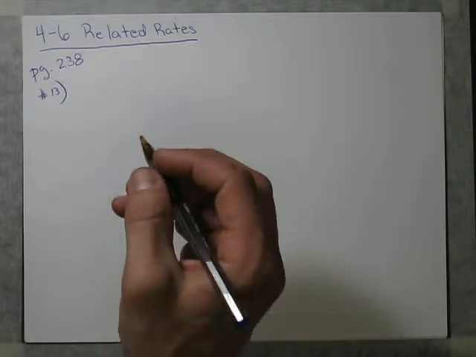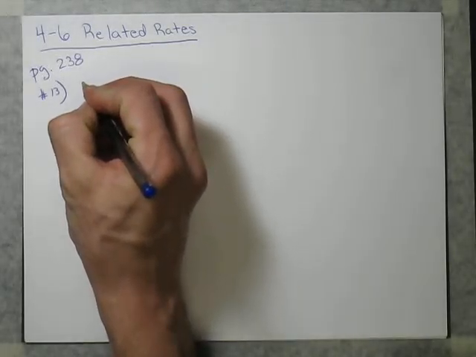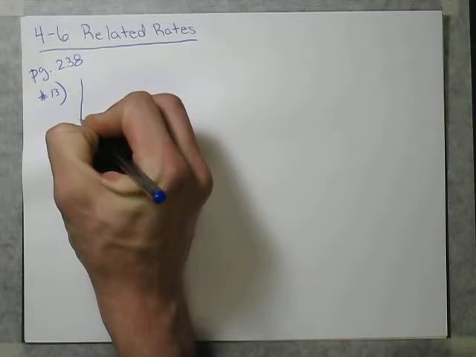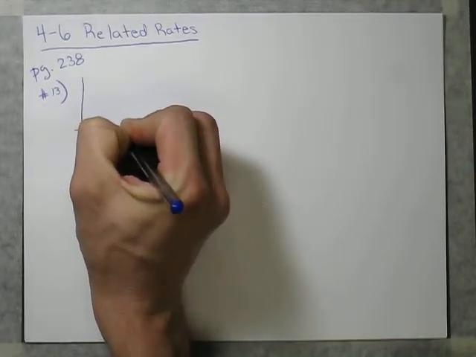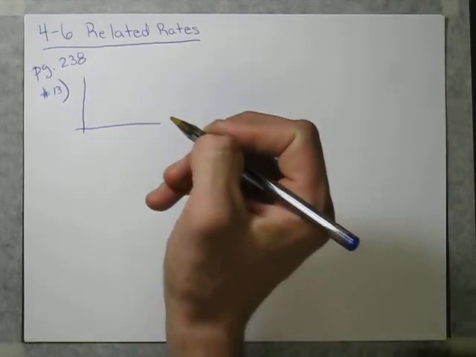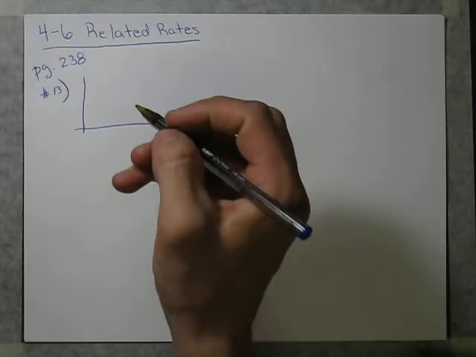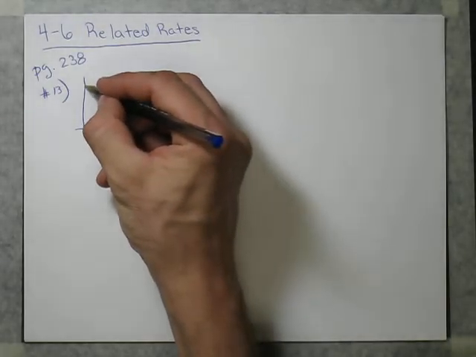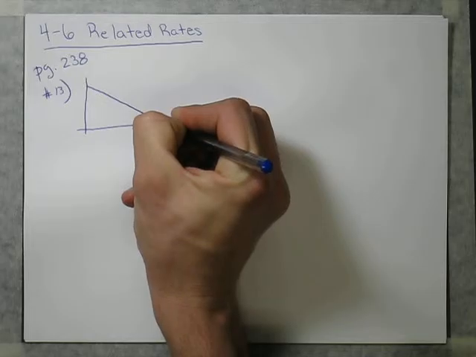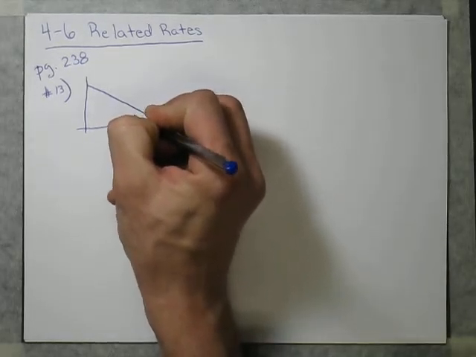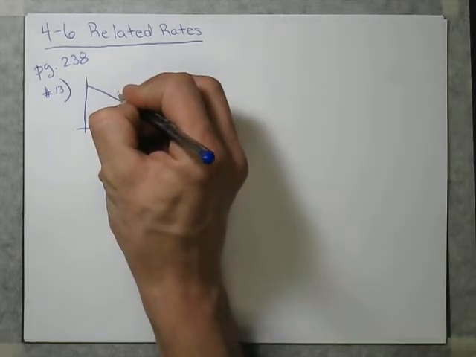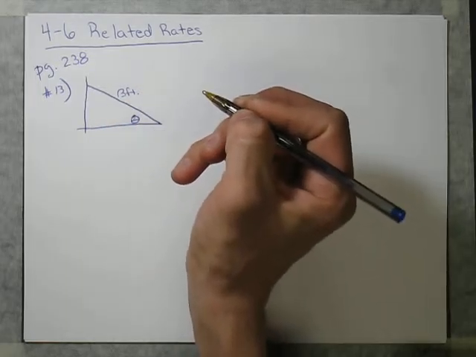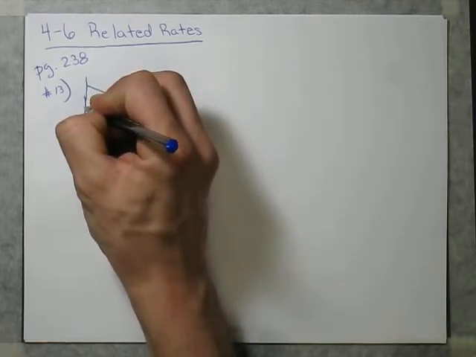So I'm going to redraw the picture that they have, and you can do the same. It's not a bad idea to redraw this picture. So here is our ground, here's our wall, and then we're going to draw the ladder like this, and then this is going to be theta here, and here's our 13-foot ladder, and then the ladder sliding down.